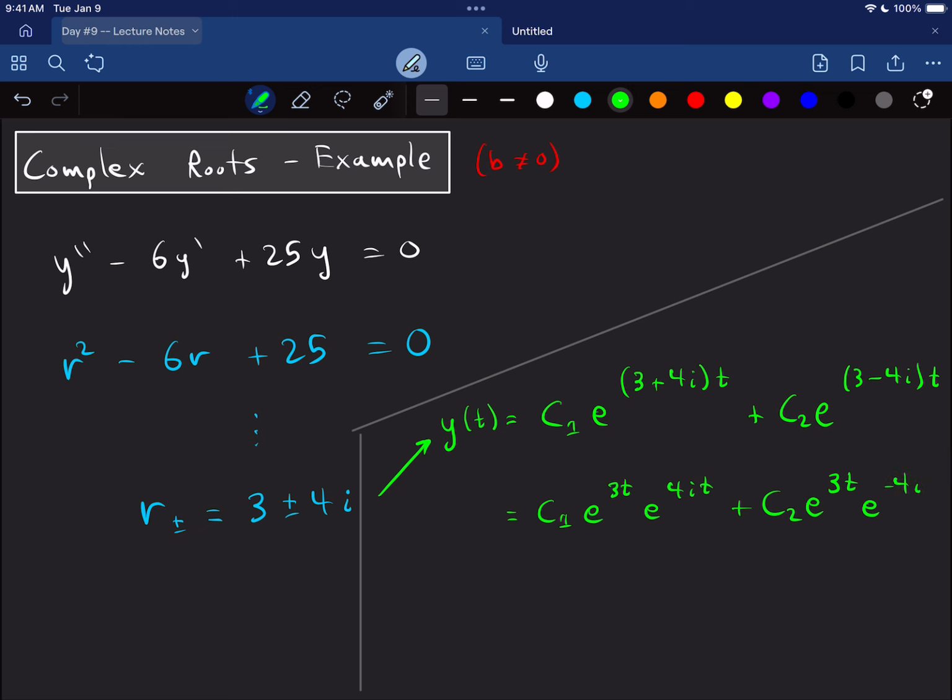If I use exponent properties, we get that, which I can then factor out in e to the 3t. And I have c1 e to the 4it plus c2 e to the negative 4it.